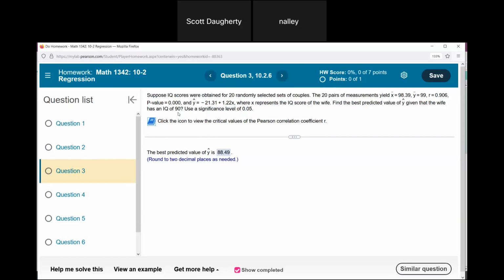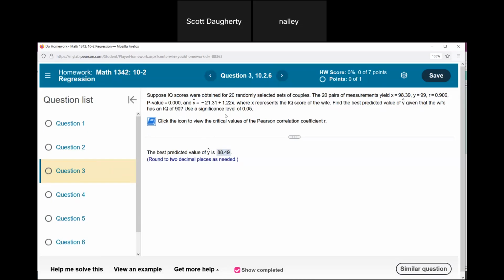So that's called extrapolation. We usually don't do that unless we have no other way of making a prediction, okay? Because you're assuming that it continues to be a straight line outside the range of your sample data, and that can be a bad assumption, okay?